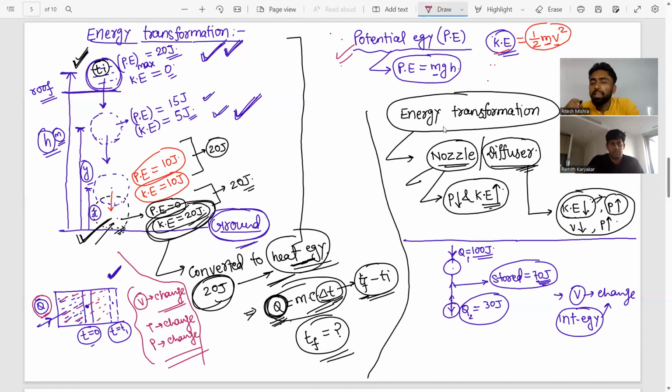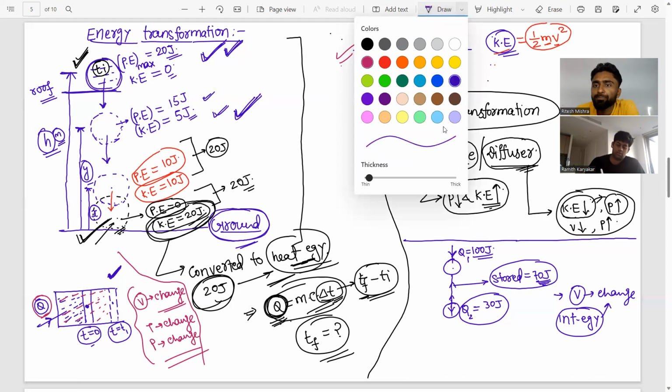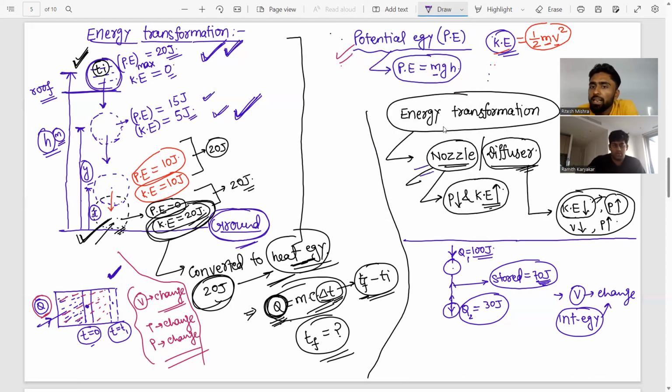Here, as you see in the nozzle and diffuser, there can be energy transfer, but basically here is the transformation of one energy into other forms of energy. So remember always, there are only two types of devices in this world: one is the energy transfer device and the other is the energy transformation device.